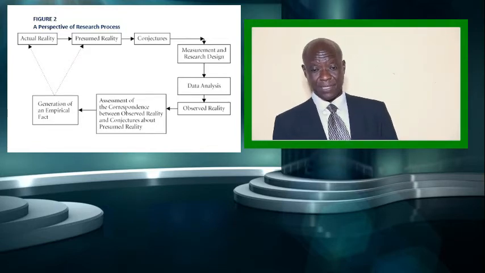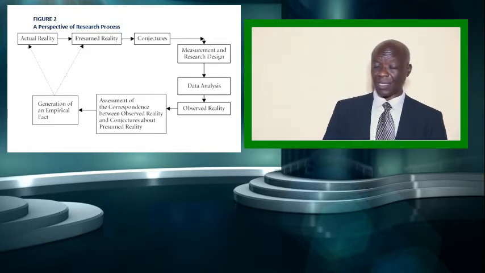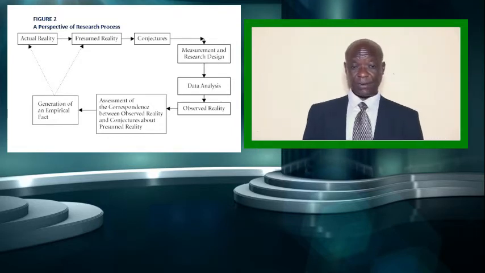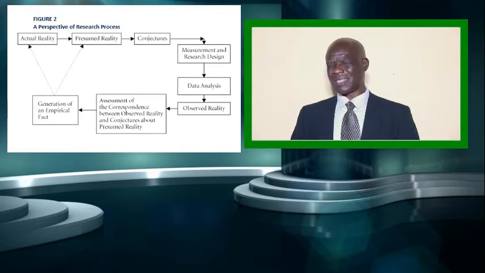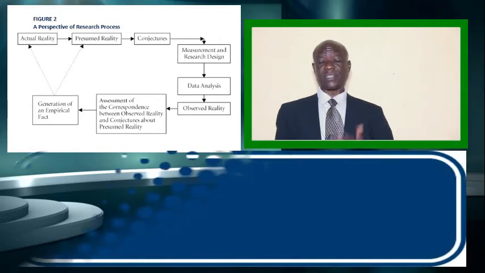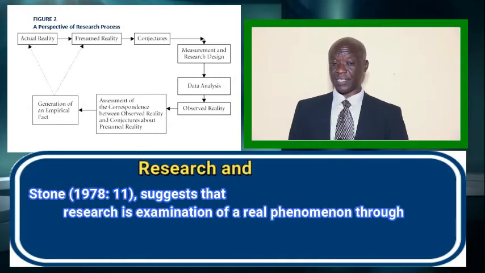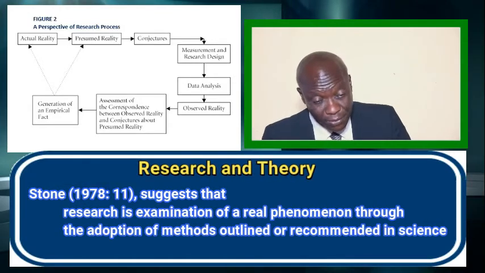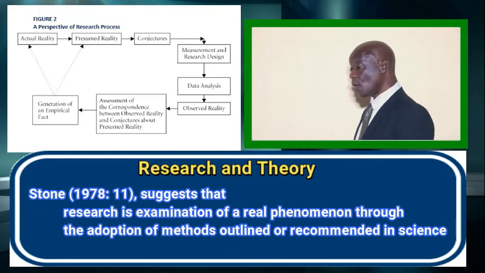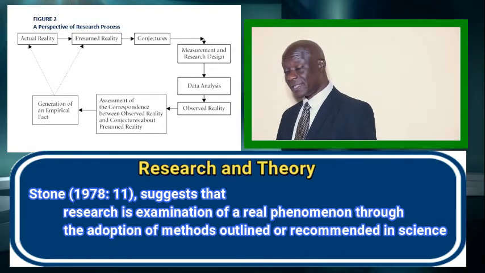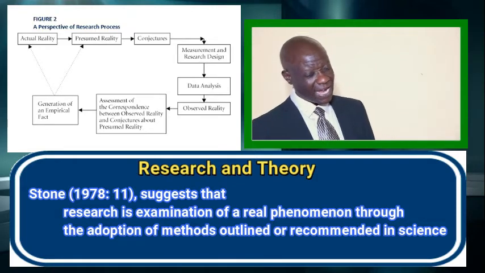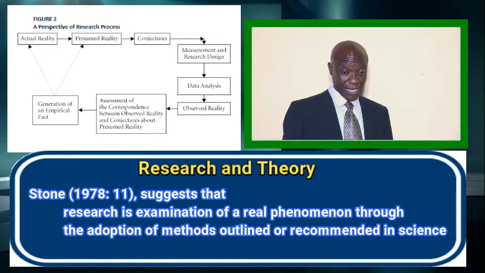That's very important. And of course, in terms of research and theory, if you look at the definition given by Stone, 1978, Stone suggests that research is examination of a real phenomenon through the adoption of methods outlined or recommended in science. This definition can be interpreted in light of the earlier cited definitions of science.